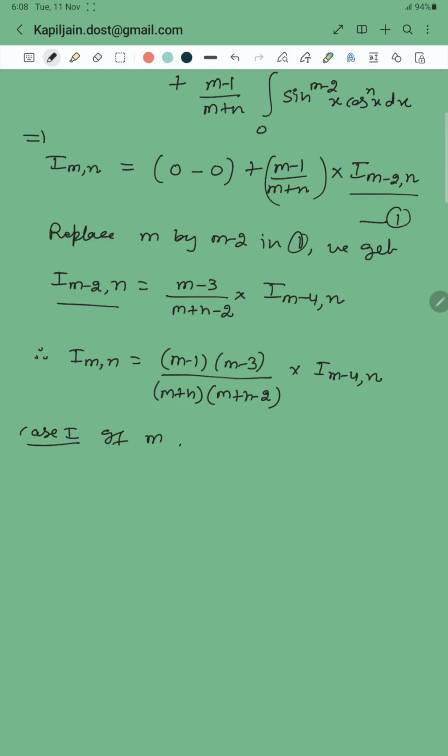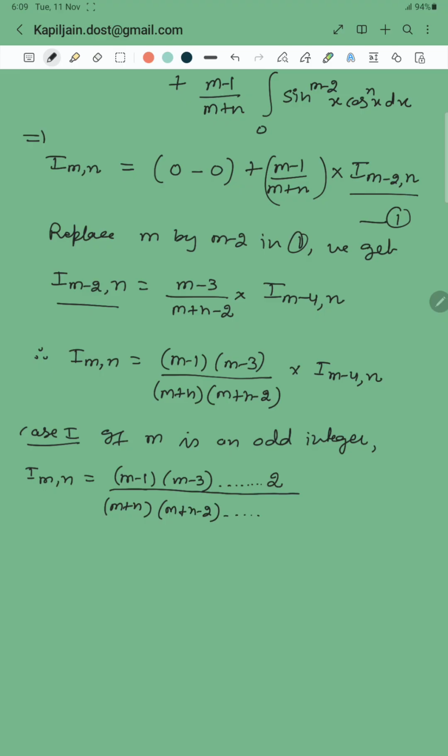If m is an odd integer, then I_m,n is equal to (m minus 1)(m minus 3)(m minus 5), and because m is odd and therefore m minus 1 is even, finally we end with an even integer, which is 2, divided by (m plus n) multiplied by (m plus n minus 2) and so on.